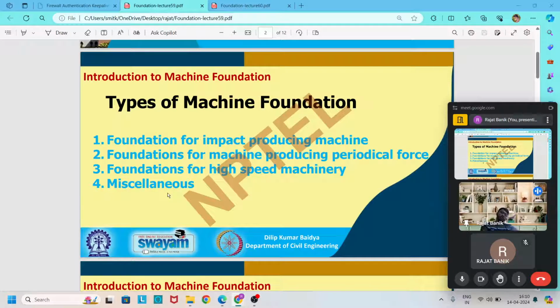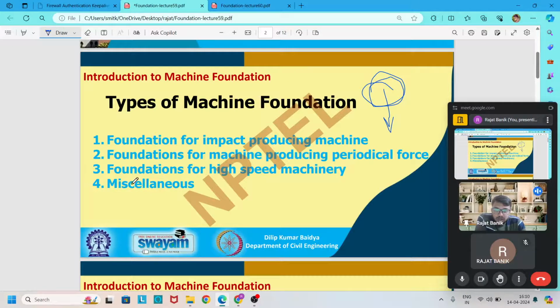In the first slide, it discusses the different types of machine foundation, categorized in four ways. That is foundation for impact producing machines, which means only impact load is applied to the foundation as a dynamic load. Then foundation for machines producing periodic force, which means a machine has a rotating mass which produces a periodic load with time, also a type of dynamic load.